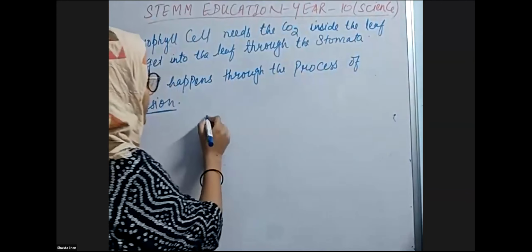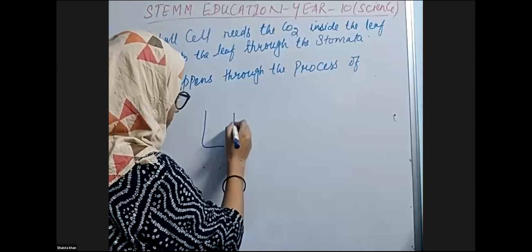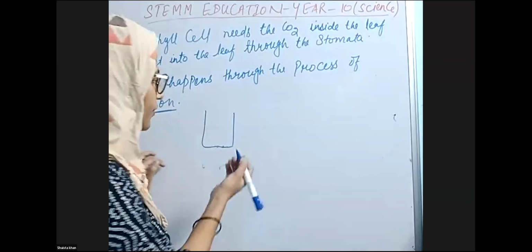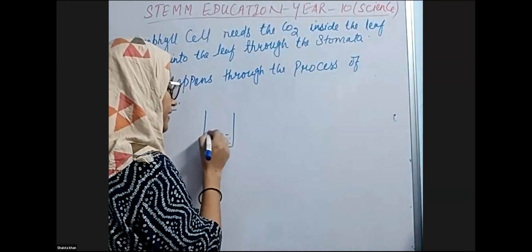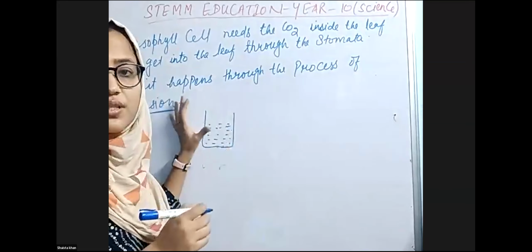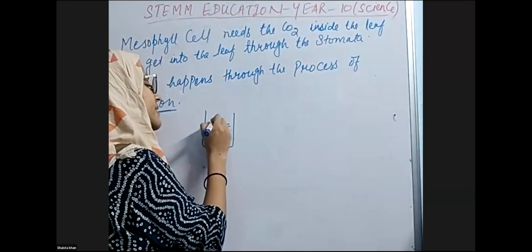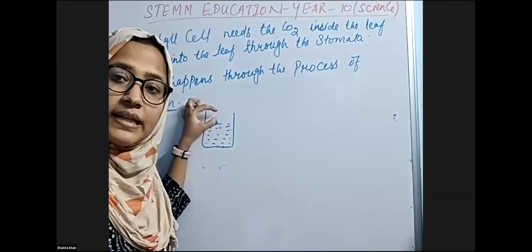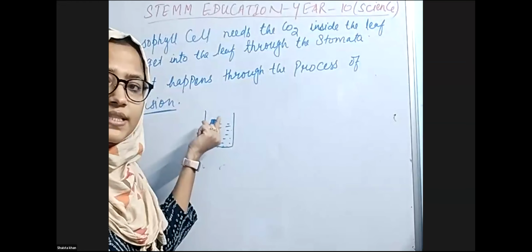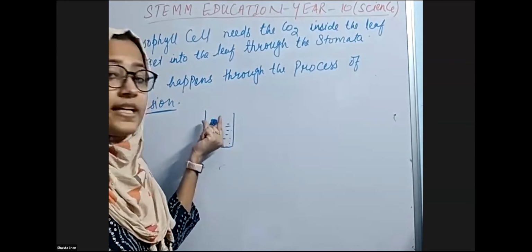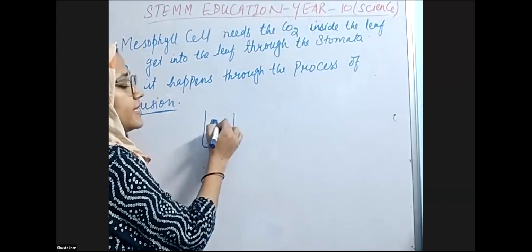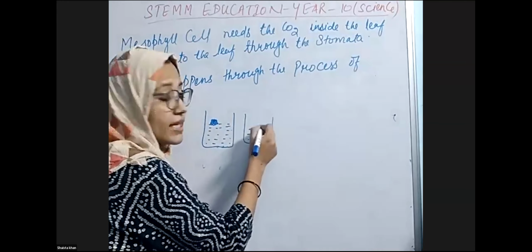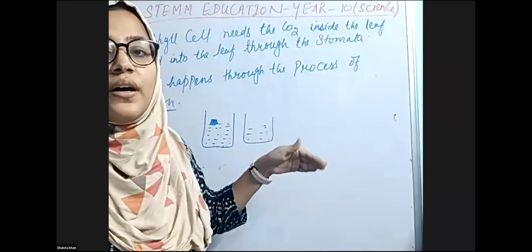Let me give you another example. Say you have a jar with water inside it, and you've just mixed ink in it. When you added the ink, in this position the ink is in higher concentration. After a few seconds, the ink will dissolve in the water and the color of the water will turn blue.